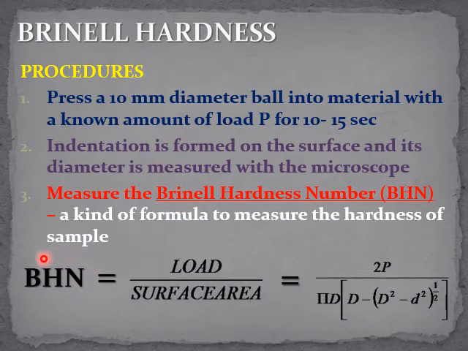The Brinell hardness number is given by load divided by surface area, which is equal to 2P divided by pi D into D minus the square root of D squared minus small d squared, where P is the applied load, D is the diameter of the indenter ball, and small d is the diameter of the indentation made on the surface of the specimen.